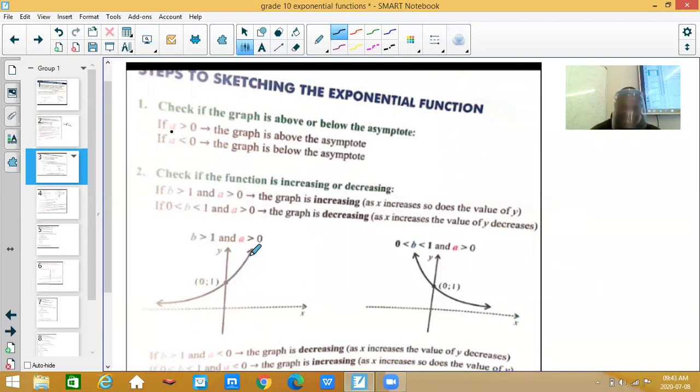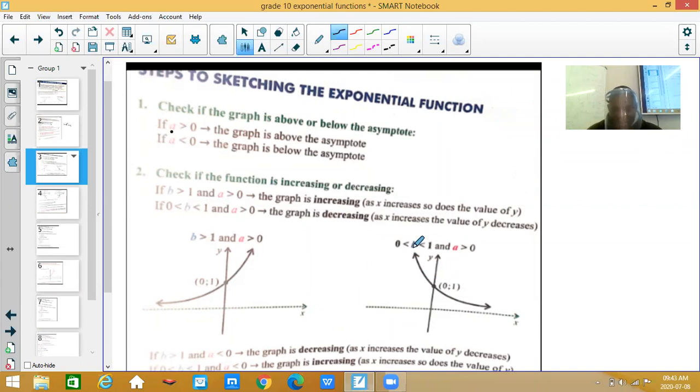Because if you start there, you say negative over negative. When you go to the right along the x-axis, you're going positive. So it is negative over positive. It will be a decreasing function.